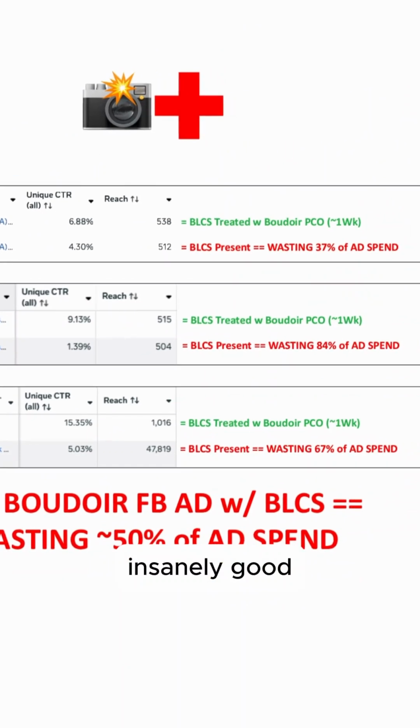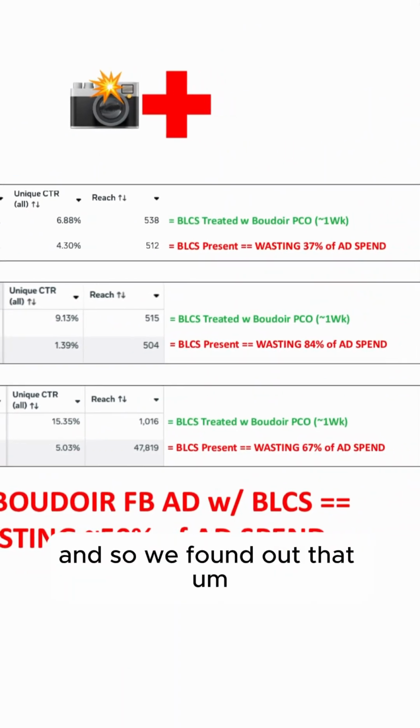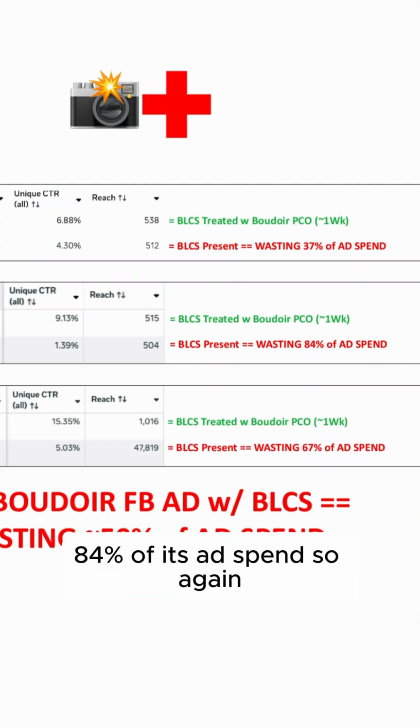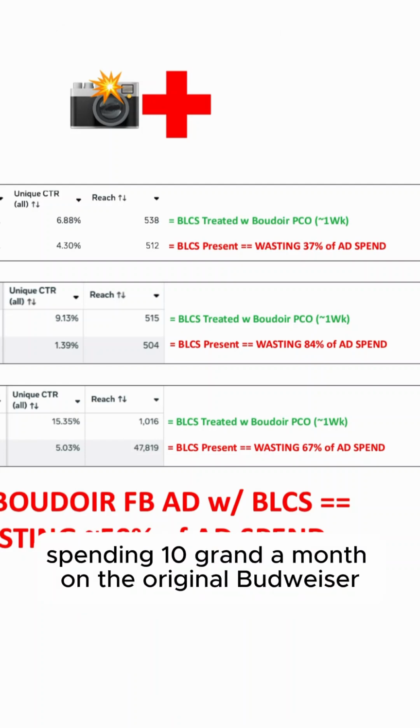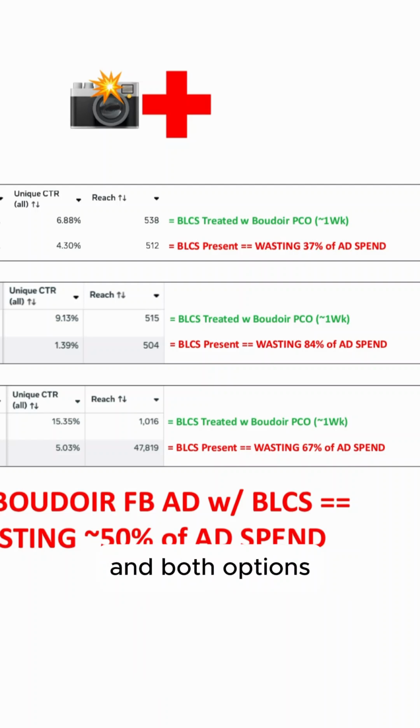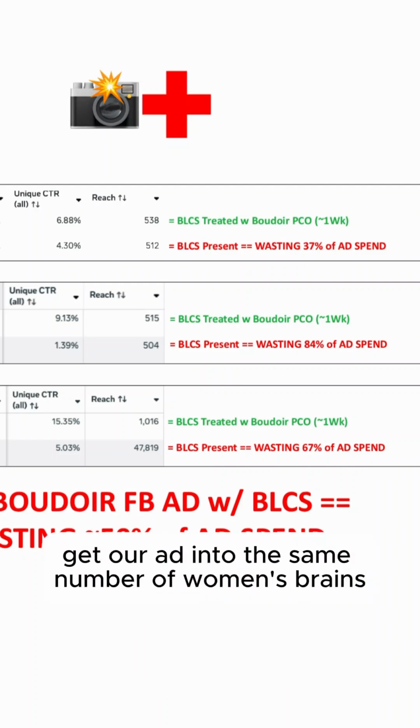Insanely good. And so we found out that the original Boudoir Facebook ad was wasting 84% of its ad spend. So again, if they're spending 10 grand a month on the original Boudoir Facebook ad, now all we have to do is spend 1,600 bucks a month on the Boudoir Pico treated ad, and both options get our ad into the same number of women's brains.